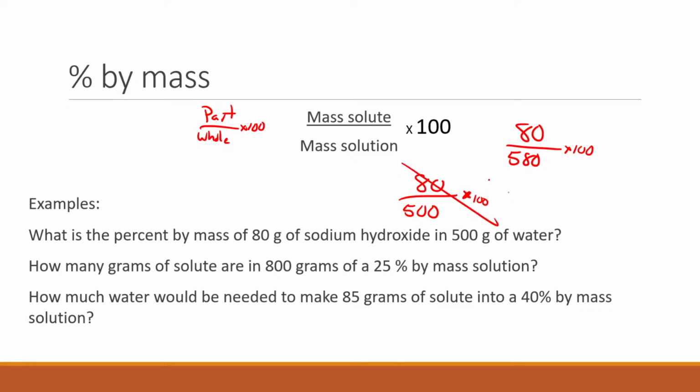And this is incorrect. Right, you must add the two together unless they tell you it's the solution. Right, so 80 over 580 is 13.79%, which is different than what it would be if we left this 80 out and solved it incorrectly.